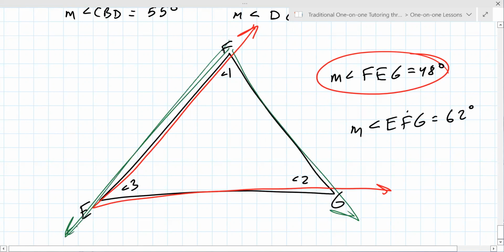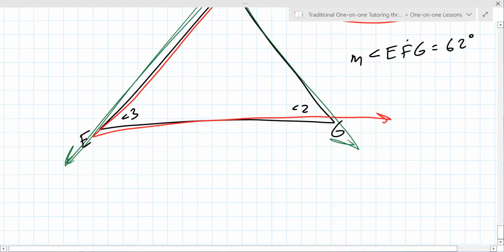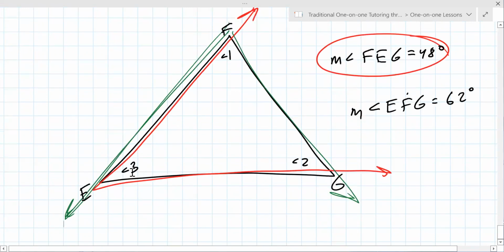Perfect. So then I'd add those together. If we wanted to find the other angle, we might as well do it. Let's find the measure of angle 2. So you're going to add these two together, and angle 2 would be 70 degrees. That sounds reasonable.